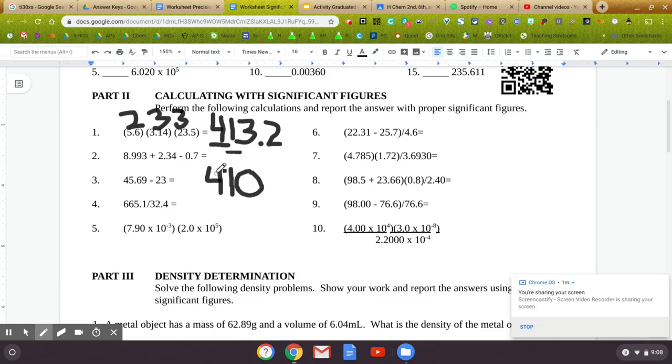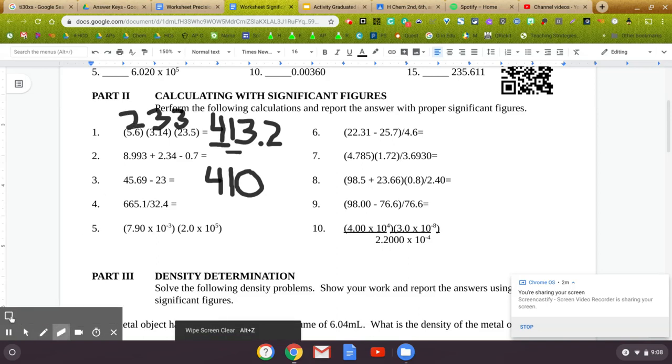So now if we look at this number, we only have 2 significant figures because these 2 follow rule number 1, non-zeros. This 0 is not a sandwich 0. And even though it's on the right-hand side of a non-zero, we don't see a dot, so it doesn't count. So these are 2 sig figs, just like we predicted, because 5.6 has only 2 significant figures, and this is a multiplication division problem.